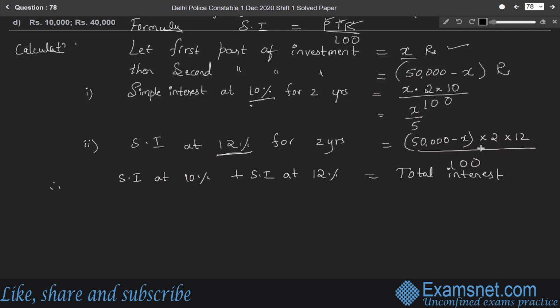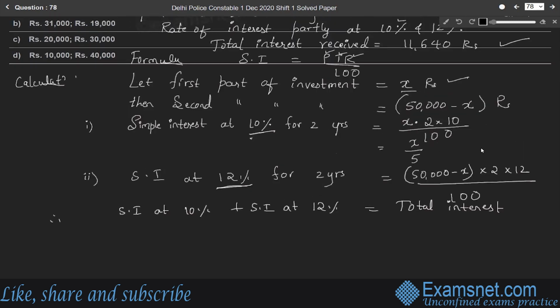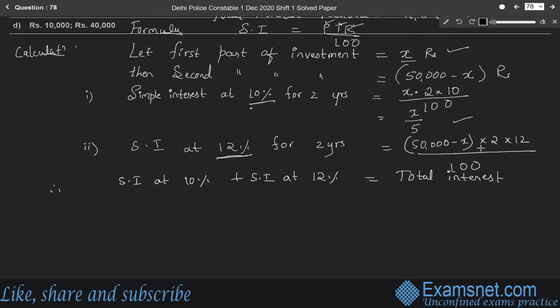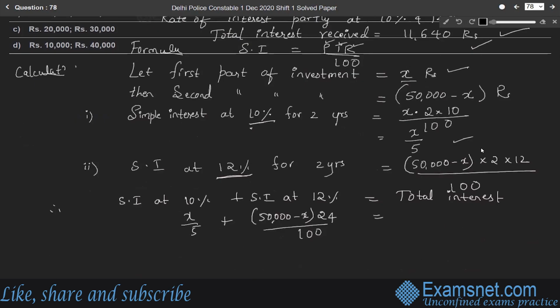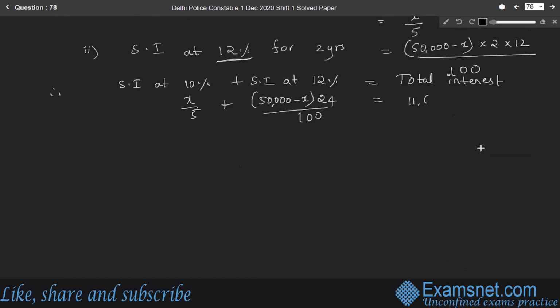So substitute the values here. Simple interest at 10% is X by 5, plus at 12% it is (50,000 minus X) into 12 into 2, 24 by 100, is equal to total interest, 11,640 rupees. So simplify it.